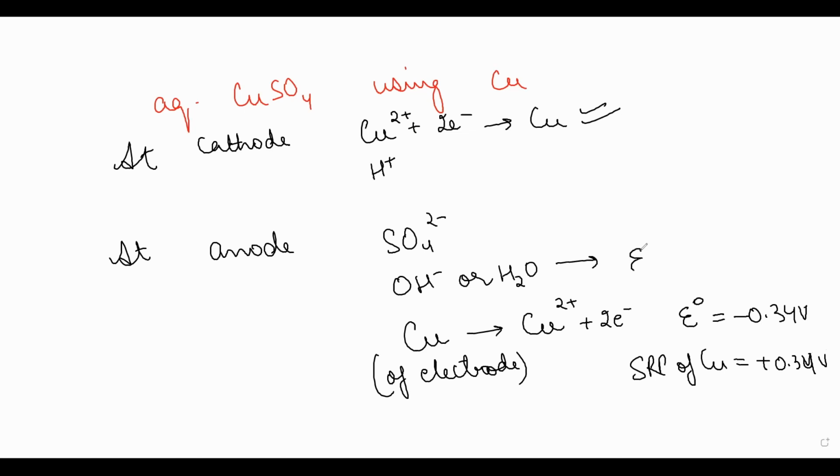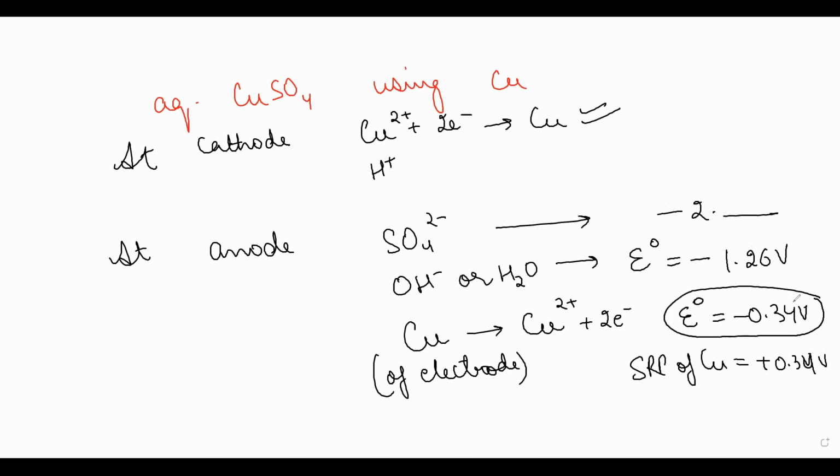Oxidation potential of water is minus 1.23 volt, roughly 1.23 to 1.26 volt, and sulfate is some minus 2 point something. So which has the highest oxidation potential? Copper. So at anode, copper of the electrode gets oxidized.